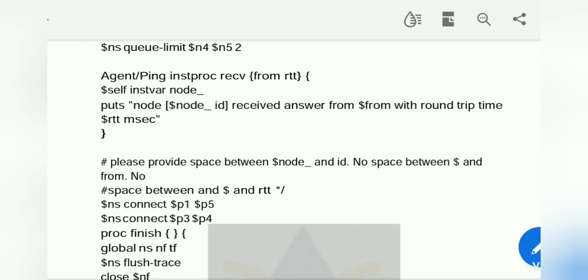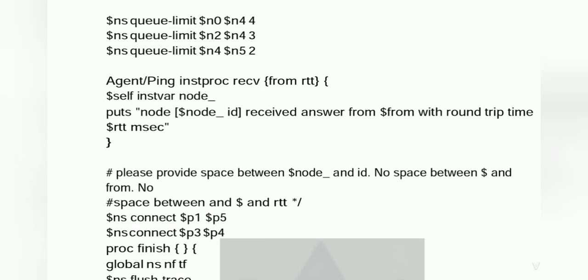So we print the node ID from which it is received, using dollar from here. I have already shown you in the expected output: from which node to which node and what the round trip time is will be generated by this particular function.